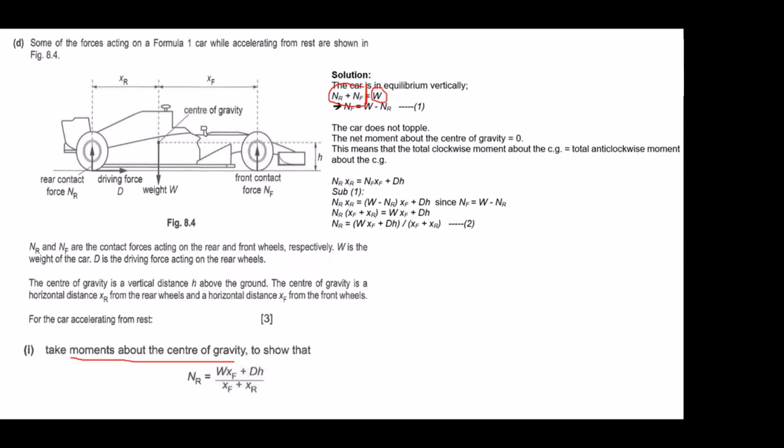Okay, this car is in rotational equilibrium, so it does not topple. So you are asked to take moments about the CG, right? That means the clockwise moment must be equal to the anticlockwise moment. My clockwise moment is NR times XR, force times perpendicular distance, right?